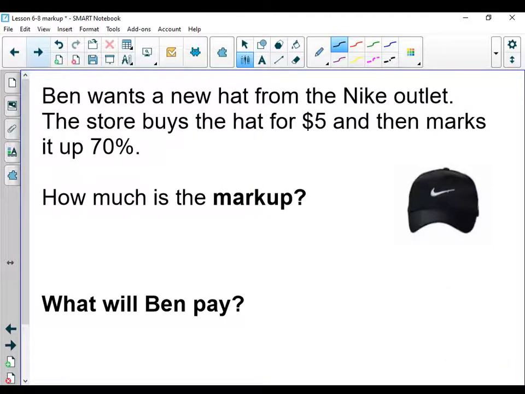Something more affordable is this Nike hat. Ben wants a hat from the Nike outlet. The store buys the hat for $5 and marks it up 70%.